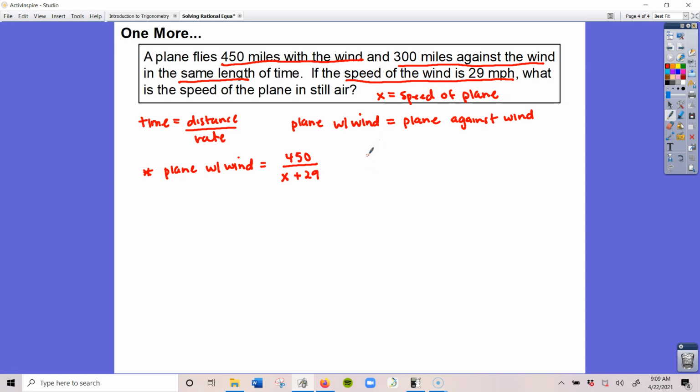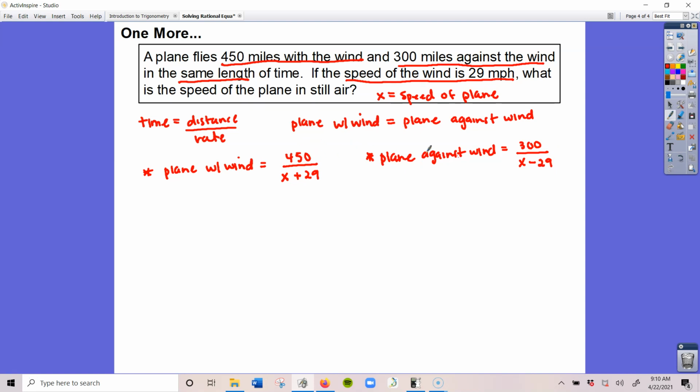Now for against the wind, it is traveling for 300 miles. I am looking for the speed now down here of the plane against the wind, and that would be x, the speed of the plane, minus the speed of the wind, because the wind is going to slow it down since it's going against it.